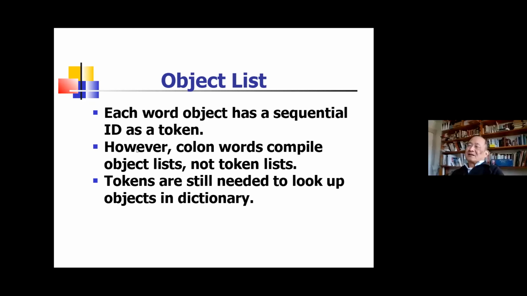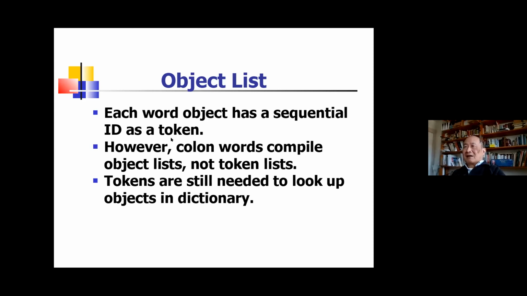The colon words are a compiled object list. It's not a token list, because it's much more convenient to compile an object list than to convert the object into a token and tokens back to object. But I still use tokens because tokens are still needed to look up objects in the dictionary.